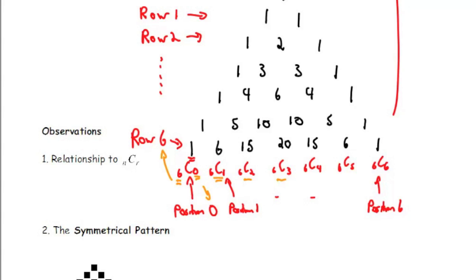If we called this one position 1, position 2, position 3, well, that's still a 3. This is still a 4, 5. So that works out beautifully. So when we're answering this relationship to nCr, n is the row number, and r is just the position number.